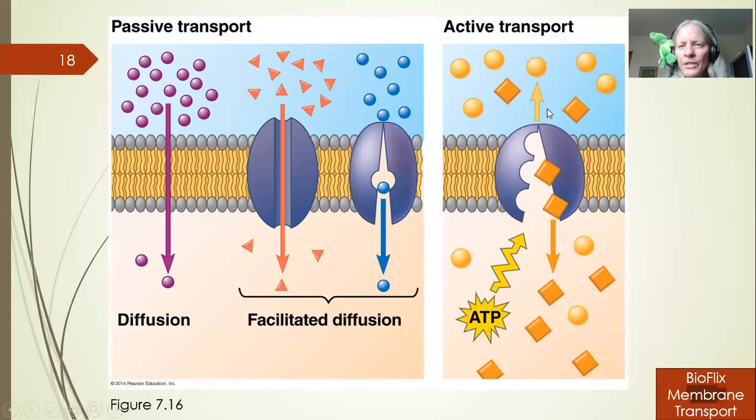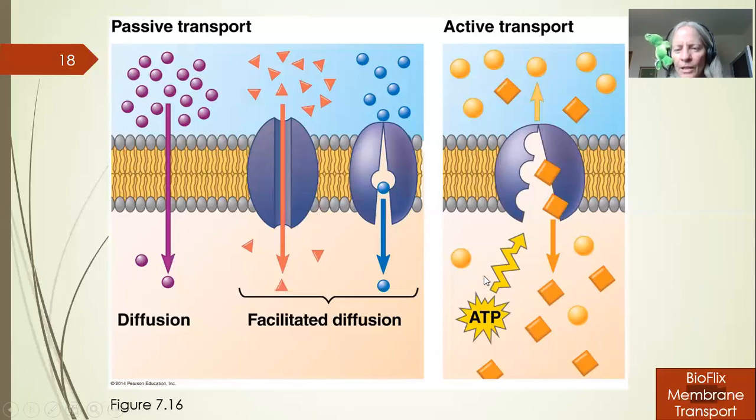Then over here we see active transport, which moves particles, ions or molecules against their concentration gradient. The example here is a very common one in animal cells, where sodium ions, represented by the blue squares, are being transported from an area of low concentration outside the cell to an area of high concentration inside the cell.